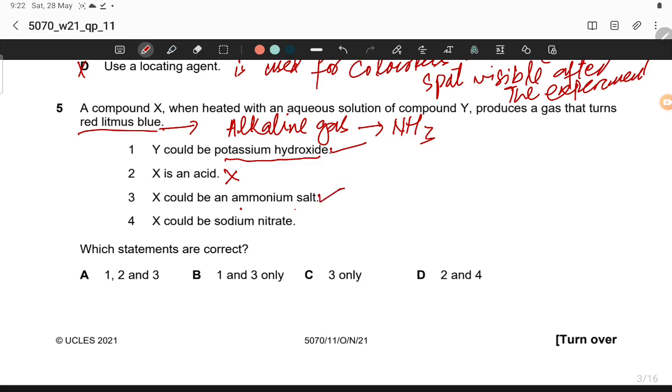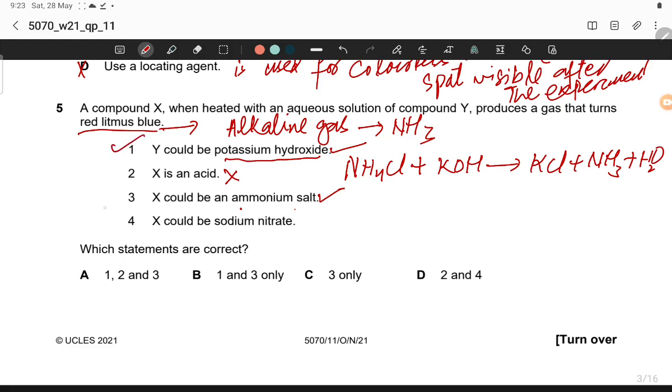Yes, this is correct, because when compound X, ammonium chloride NH4Cl, or any ammonium salt, is heated with potassium hydroxide, it forms KCl plus ammonia plus water. So statements 1 and 3 are correct. The option is B.